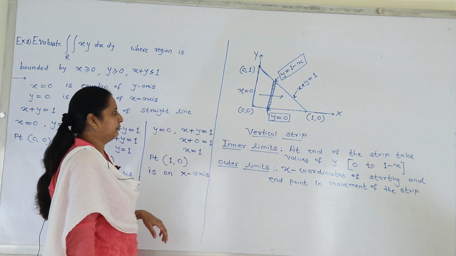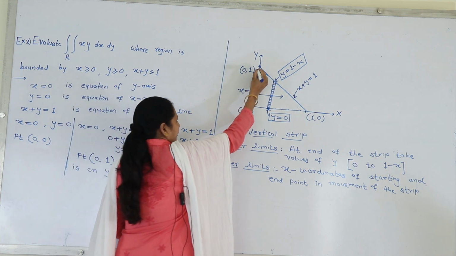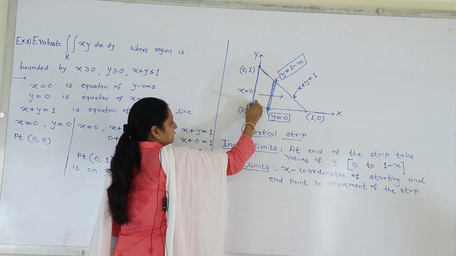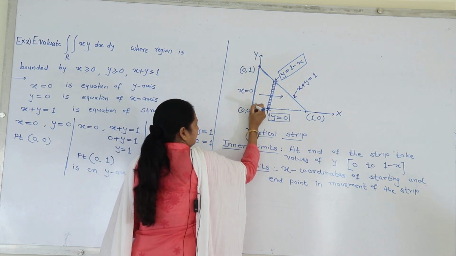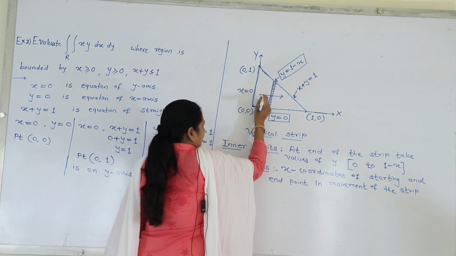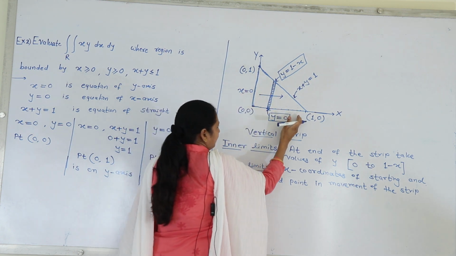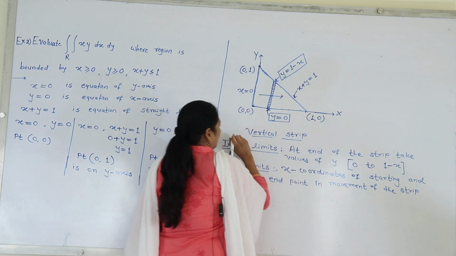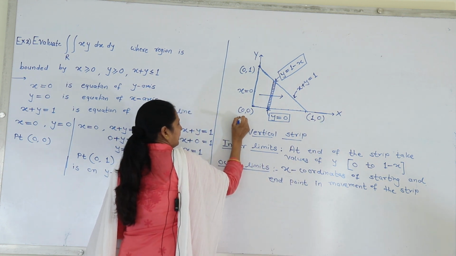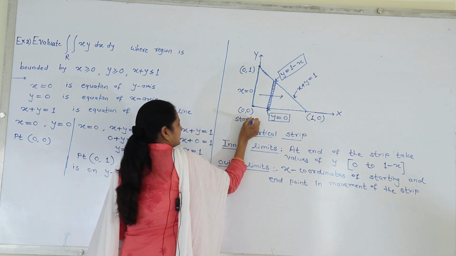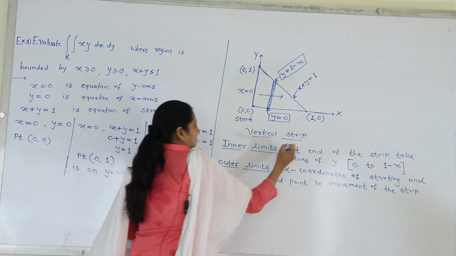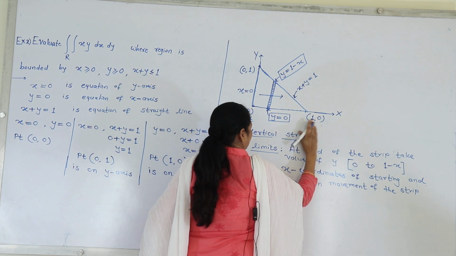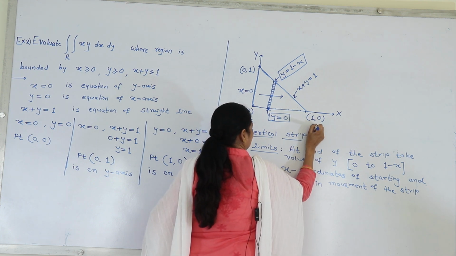Now this strip will move from the y-axis. It is a flexible strip, therefore it will move from the y-axis and end at the last point, which is 1 0. Here the starting point is 0 0. This is the start, and the last point is the end point. The point 1 0 is the end point in the movement.